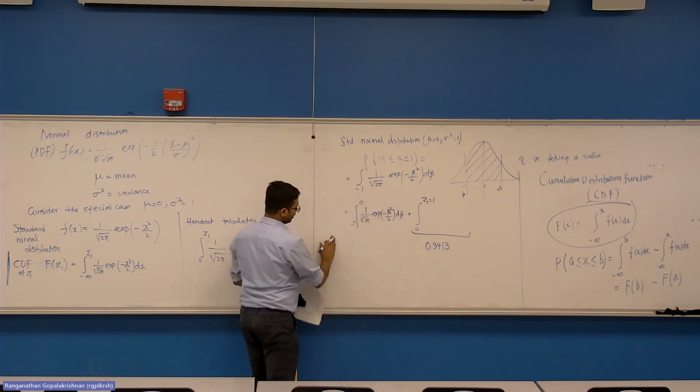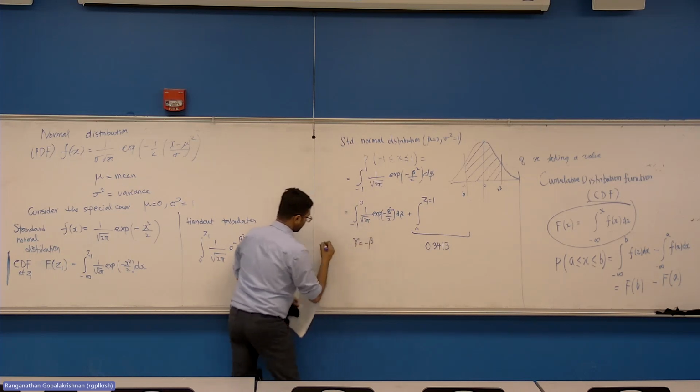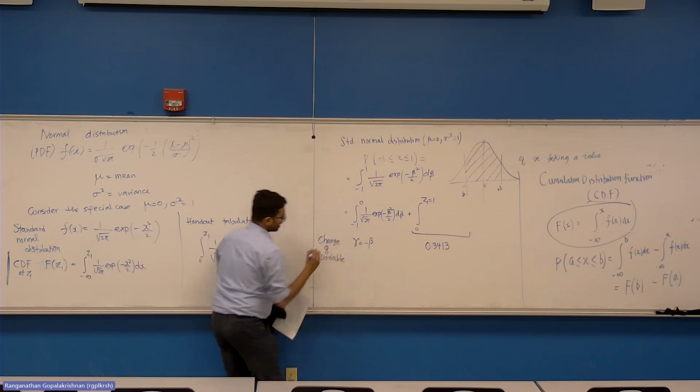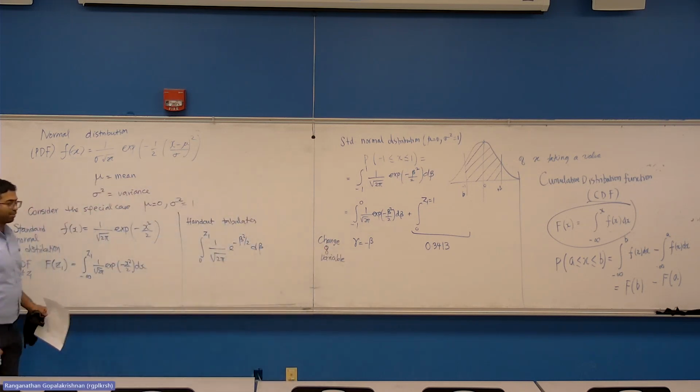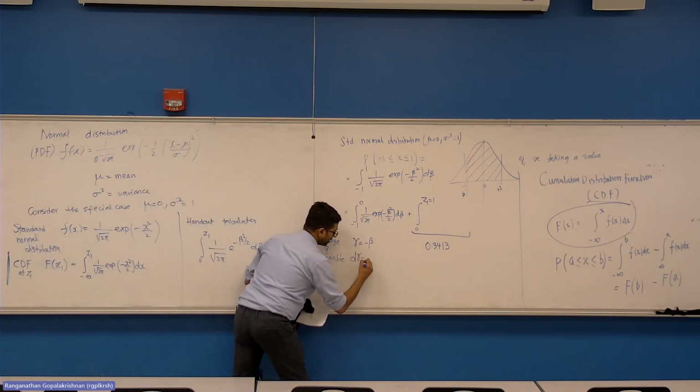What I'm going to do is, let's say gamma equals minus beta. Change of variables. We will introduce a new variable gamma, which is negative of beta, which means d gamma is negative of d beta.